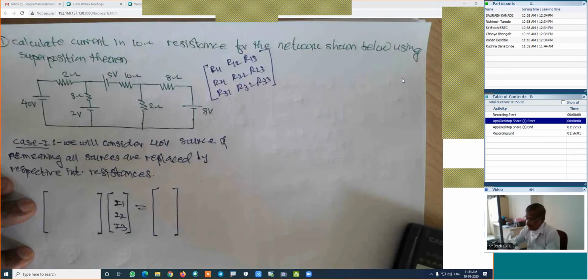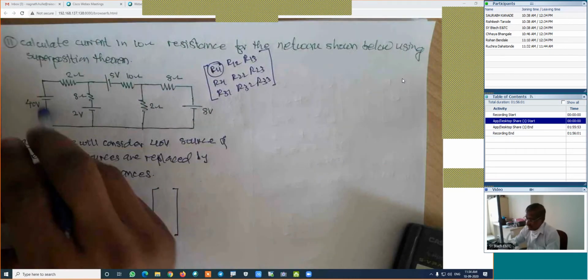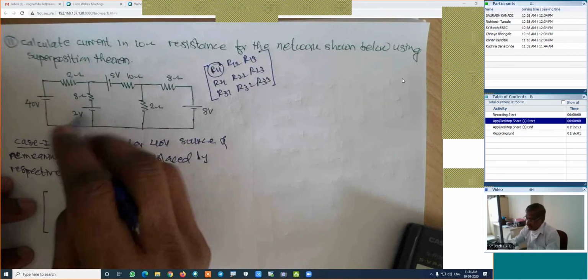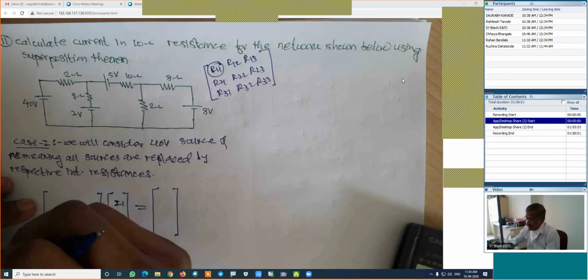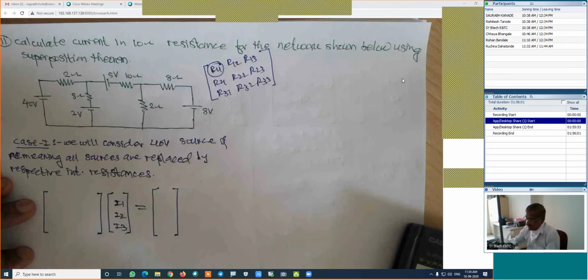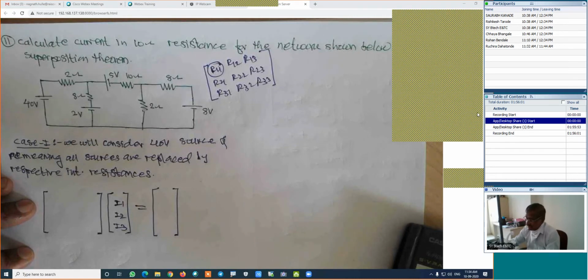Is it right? I will find out the R11. How much is the resistance of the first loop? Can anyone answer? Unmute yourself if you have the answer with you. Anyone? Saurabh, Ruchira, Rohan, then Rishikesh. Yes, Saurabh.